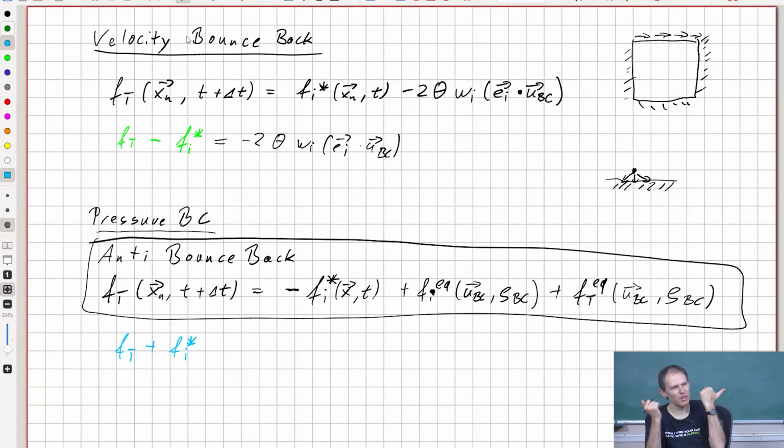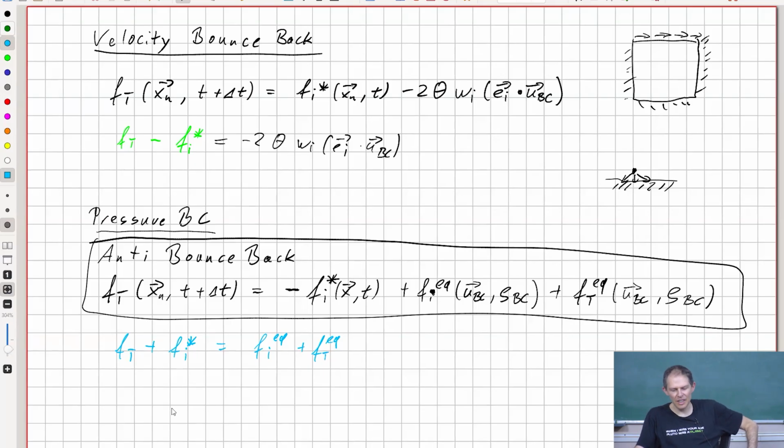This is an odd moment, so first moment, third moment. The anti-bounce back is a boundary condition for even moments, so the zero moment or second moment. These are energy, pressure, density, pressure, yeah? So we set the boundary condition for this, and we see this is supposed to be the equilibrium in the one direction plus the equilibrium in the opposite direction.